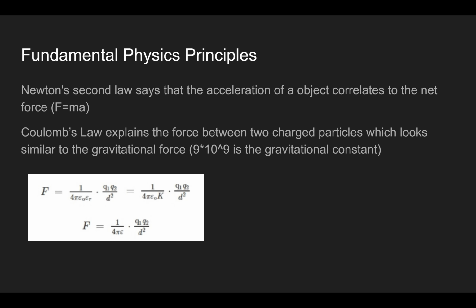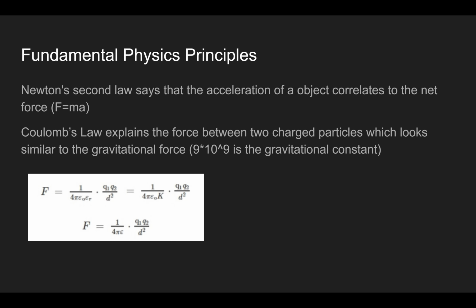So here are some fundamental physics principles. It's also what I used on the previous slide to get my calculations. I use Newton's second law, which says the acceleration of an object correlates to the net force, commonly known as F equals ma. And then Coulomb's law explains the force between two charged particles, which looks similar to the gravitational force.